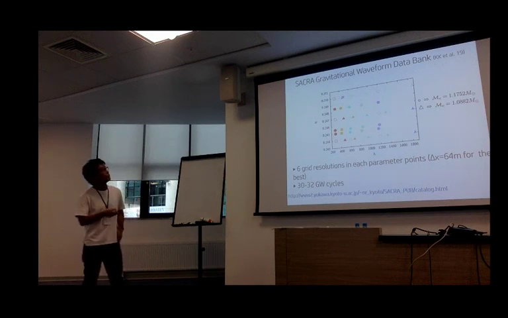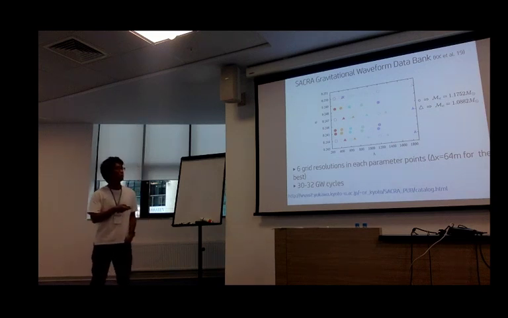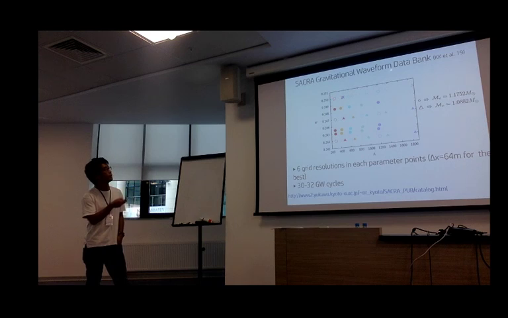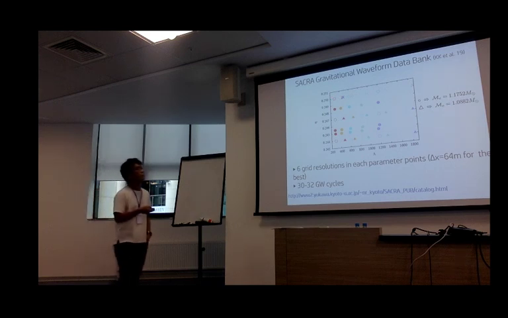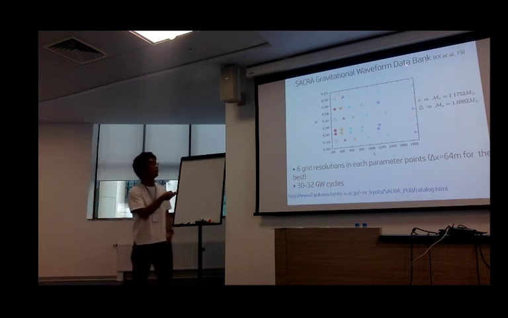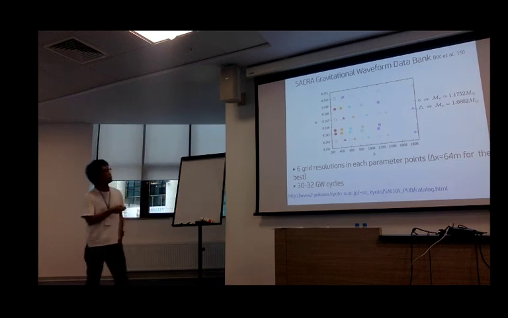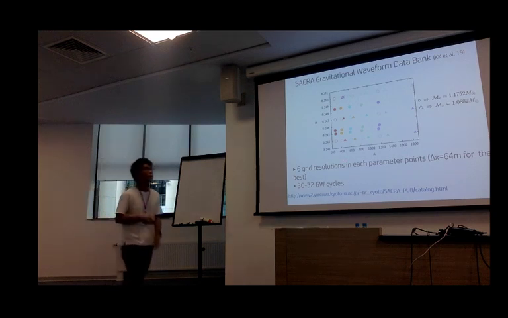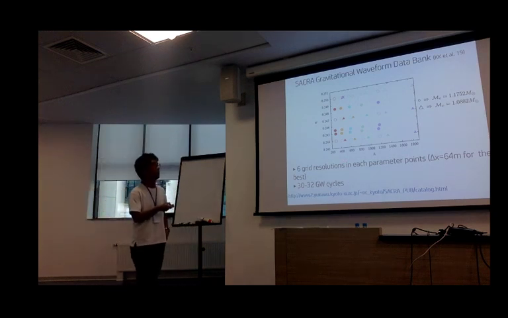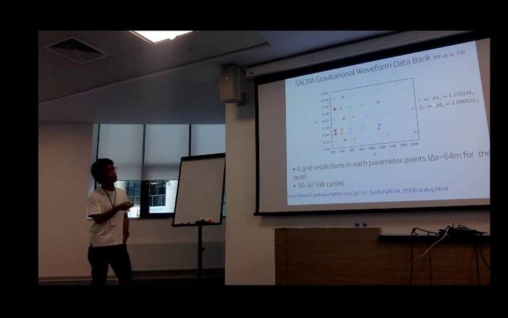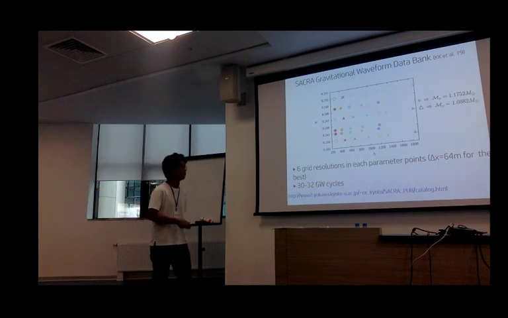We have simulated a bunch of binary neutron stars. So let me introduce our gravitational wave database. Here is a parameter space, symmetric mass ratio versus tidal deformability. We have performed simulations of binary neutron stars. Different symbols mean different chirp masses. In each parameter grid point, we have performed simulations with 6 grid resolutions.